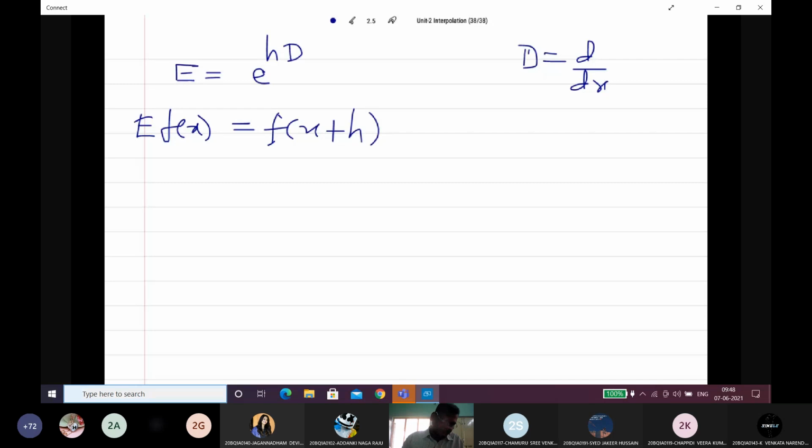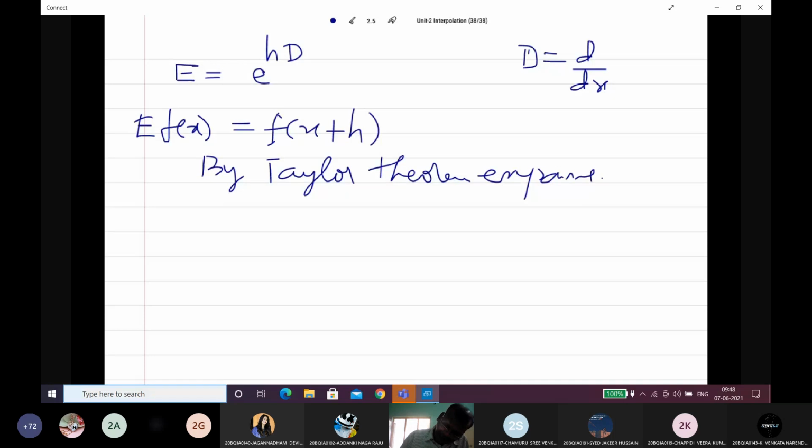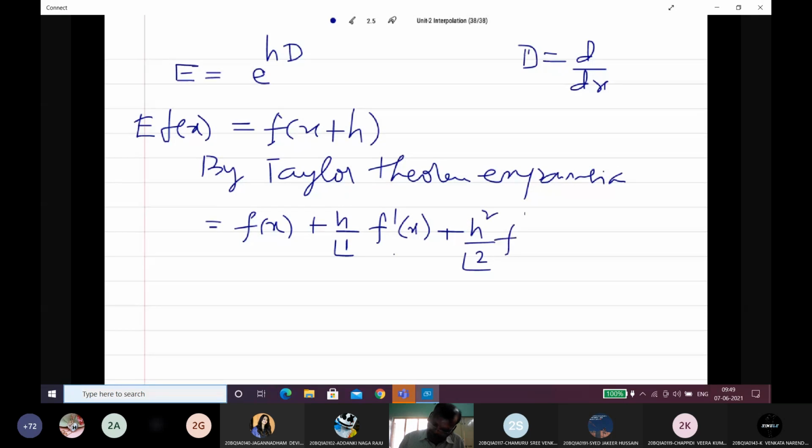By Taylor's theorem expansion, that is equal to f of x plus h by factorial 1 f dash x plus h square by factorial 2 f double dash x and so on.